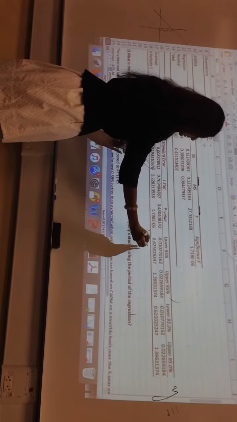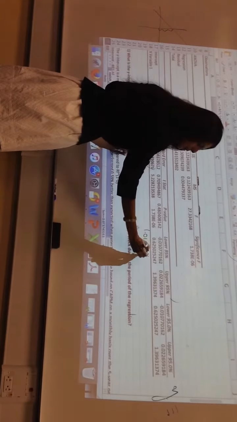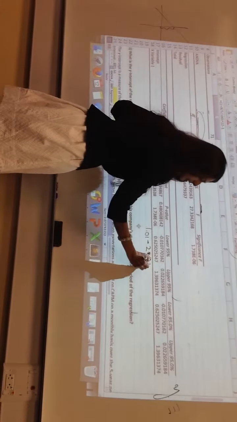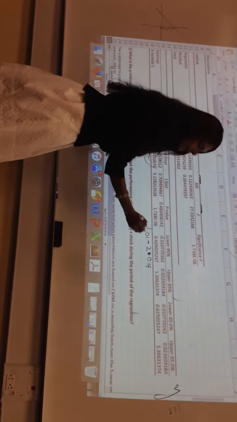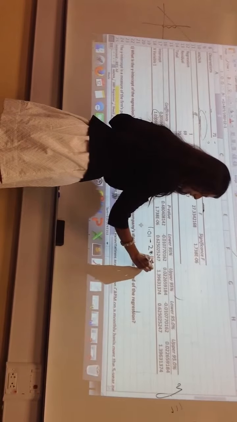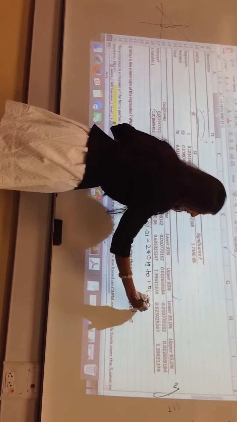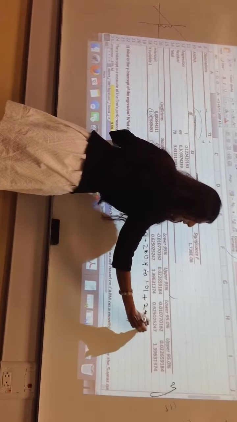1.01 minus 2 standard deviations, so 2 multiplied by 0.19. And the range of the beta will go from this to 1.01 plus 2 multiplied by 0.19.